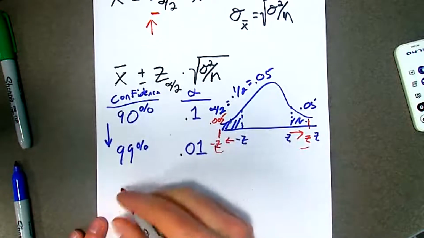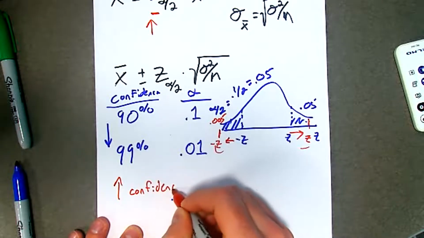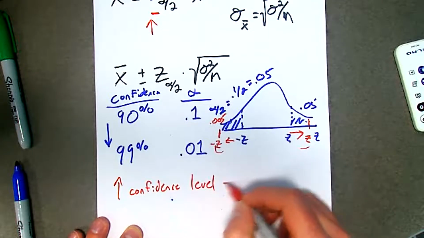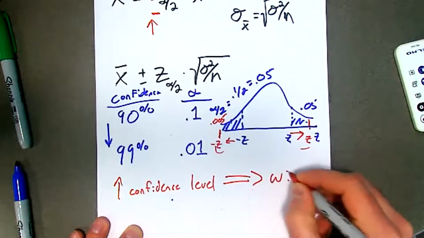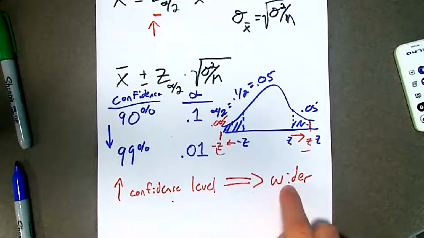So anytime we increase the confidence level, that's going to give us a wider confidence interval once we construct it. A higher level of confidence leads to a wider confidence interval, and that intuitively makes sense. If I tell you with 90% confidence that the true mean income is between 50 and 60,000, how can I tell you something with 99% confidence?